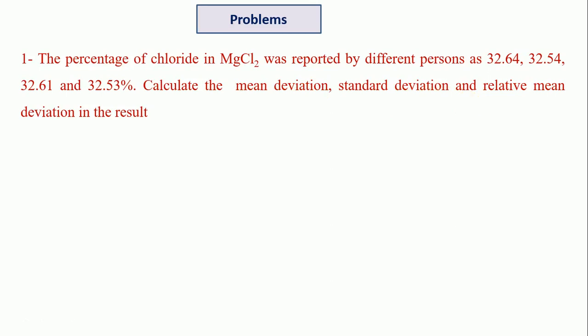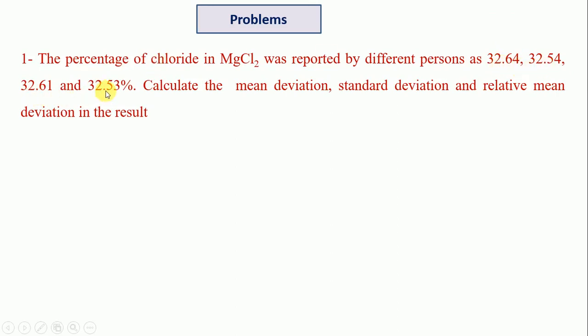Now we know the meaning of deviation and the formula to calculate it. We also know the formula for average deviation, standard deviation and relative mean deviation. Now how to calculate the deviation first? What is the definition of deviation? It is the difference between the individual value and the mean value.